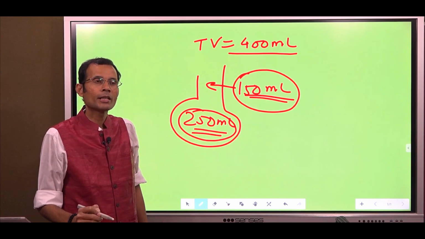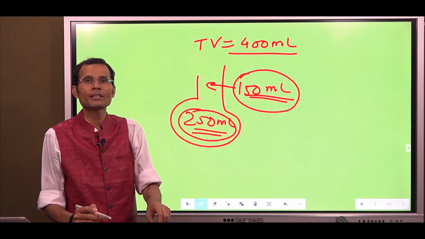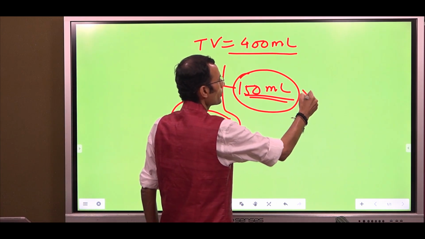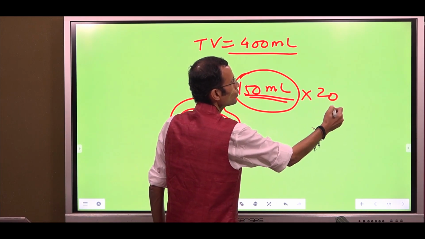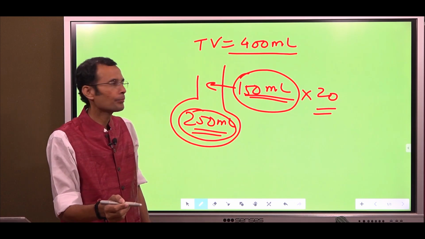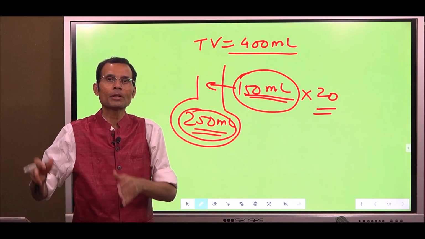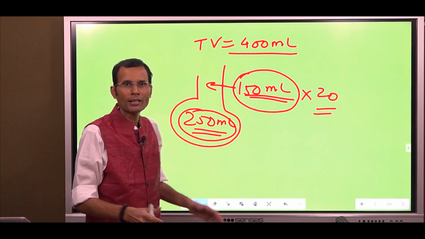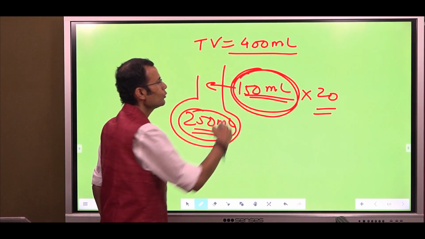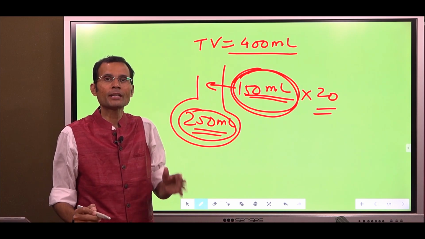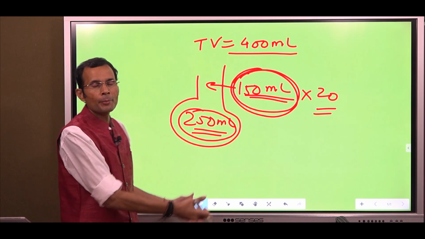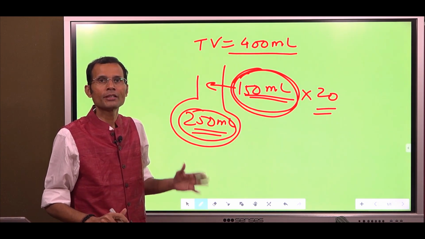And remember, there is something called as dead space ventilation also. So if you multiply 150 into respiratory rate per minute, then whatever it is will be the dead space ventilation per minute. However, that was not asked. What was asked in the MCQ was what is the dead space volume, and this should have been your approach to solve this MCQ.